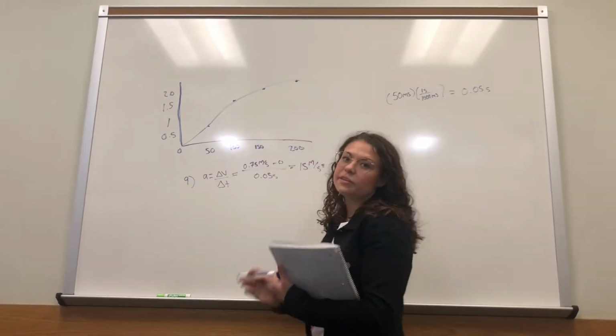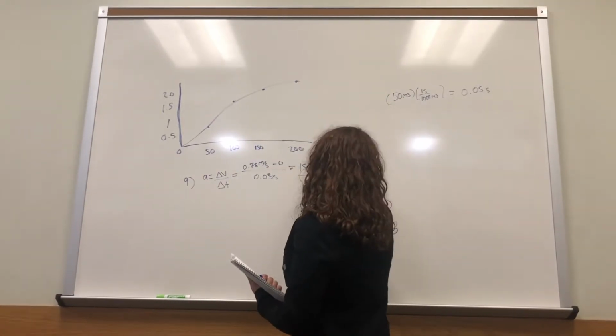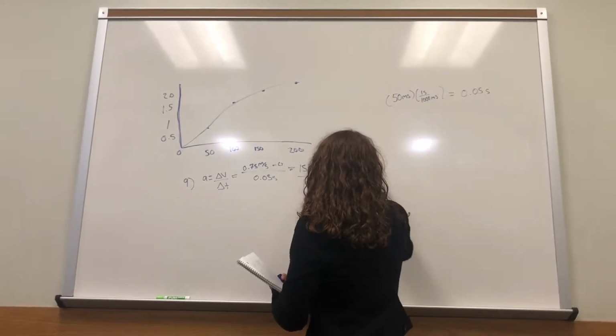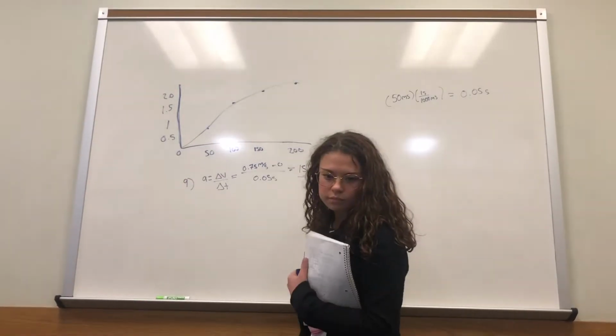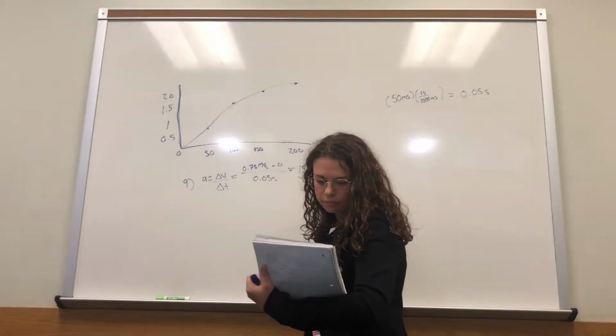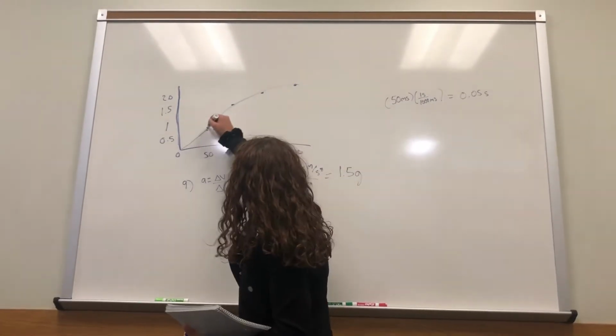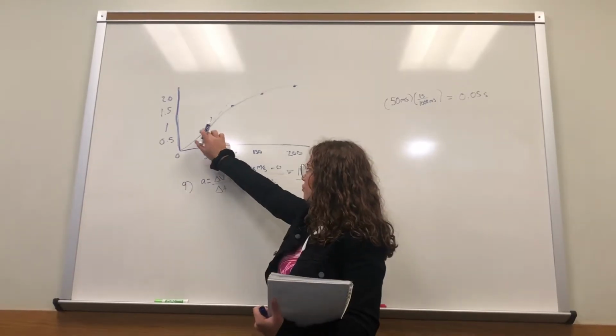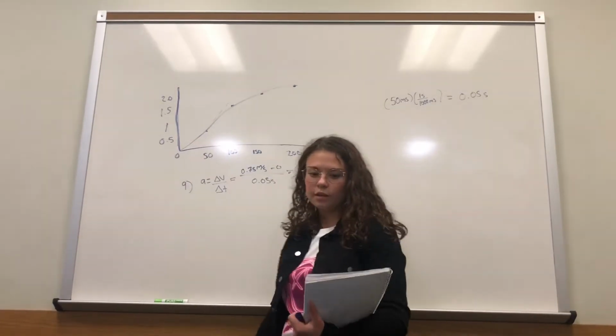And it also wants it in G's, so to do that we just divide by gravity, and that gives us 1.5 G's. So we'd say that's the maximum acceleration, because acceleration is the slope of the velocity versus time graph.